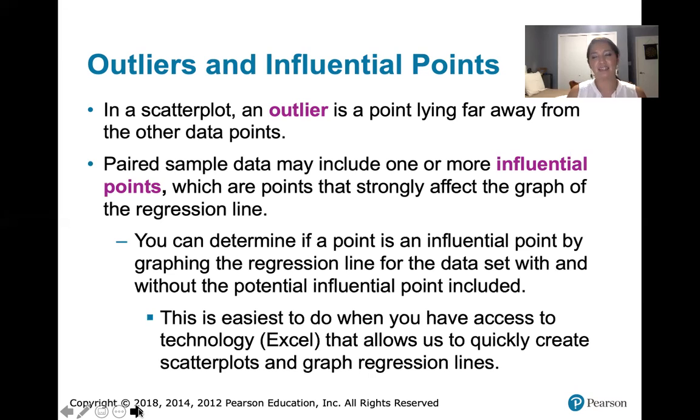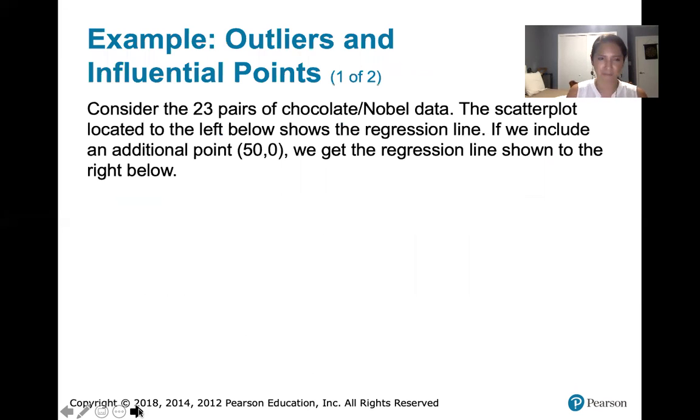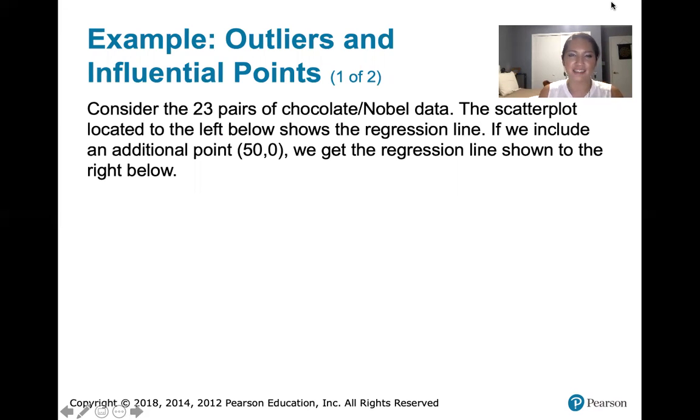Now, this is typically easiest to do if you have access to something like Excel that will allow you to quickly create scatter plots and graph regression lines. So here's an example. Let's say we're talking about the 23 pairs of chocolate consumption Nobel laureate rate data. The scatter plot to the left shows the regression line. Now, if we include the additional point 50, 0, we get a different regression line.